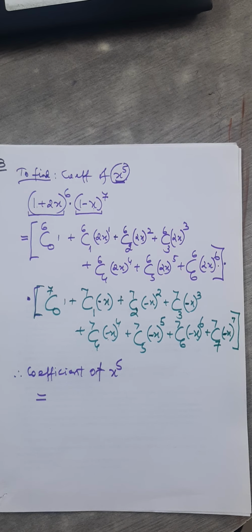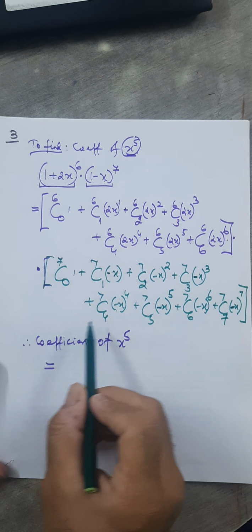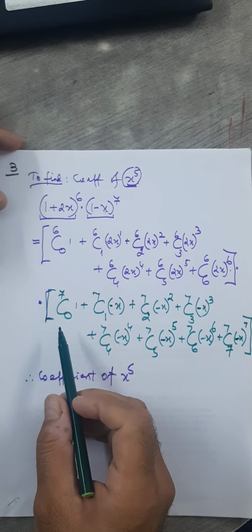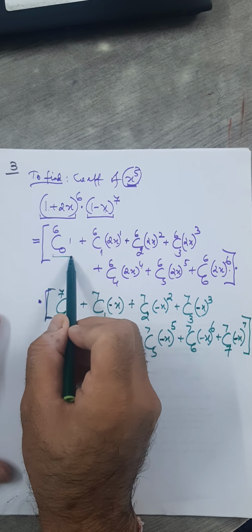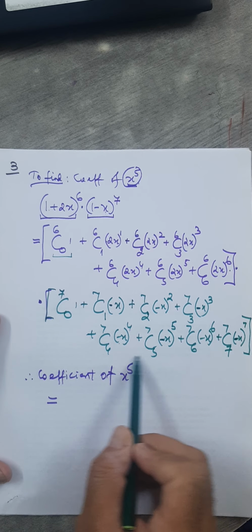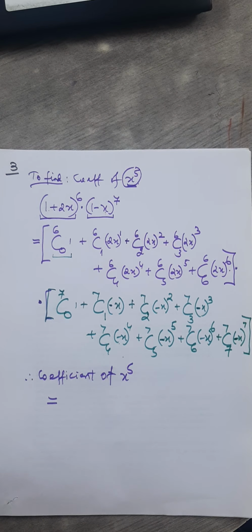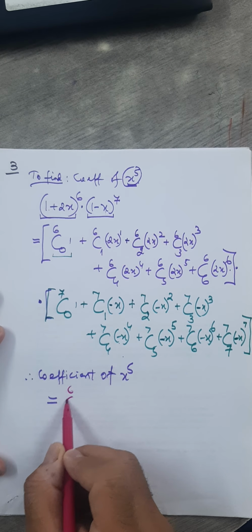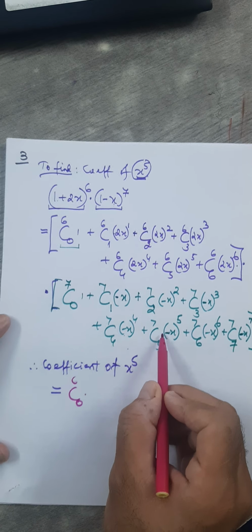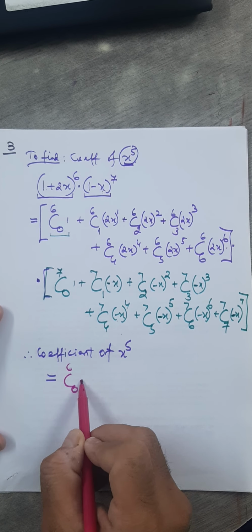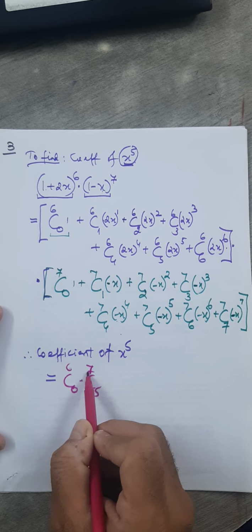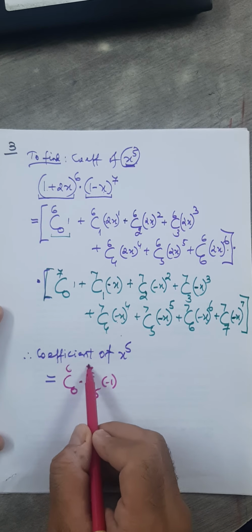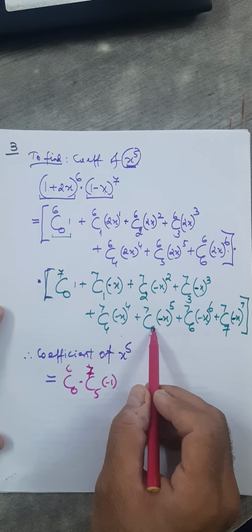So here, now we just multiply. You can see that 6c0, this first term, you can multiply with each of this. So where will you get x raised to 5 here? 6c0 with this. So 6c0 into, here the minus sign is there, remember, 7c5 with minus 1. This minus 1 will come as the coefficient of x raised to 5. This into this.